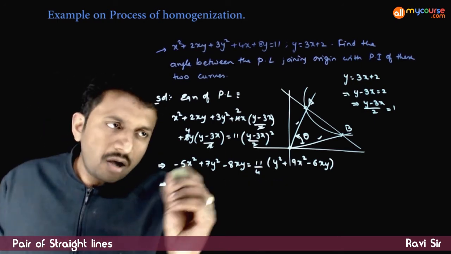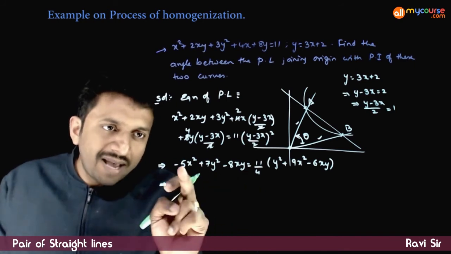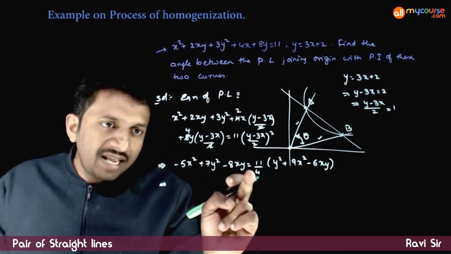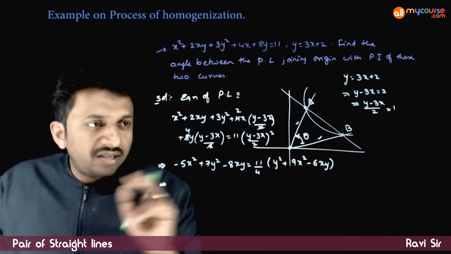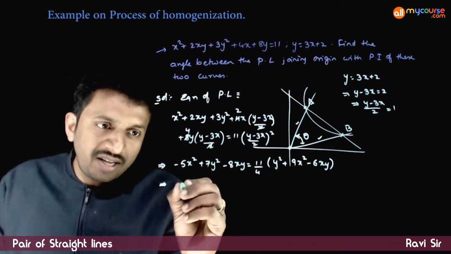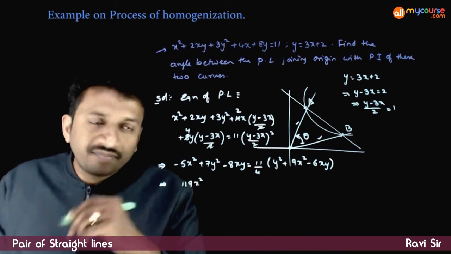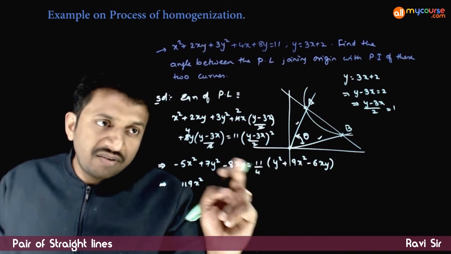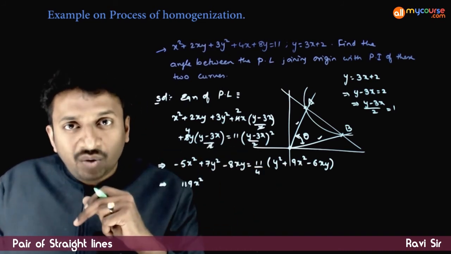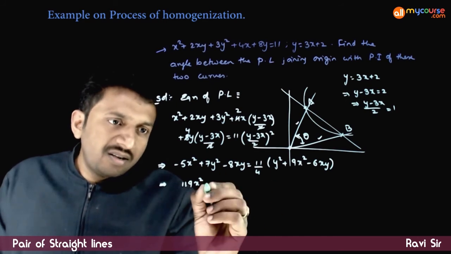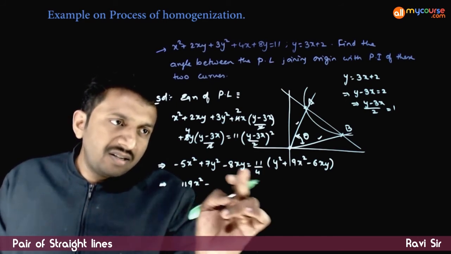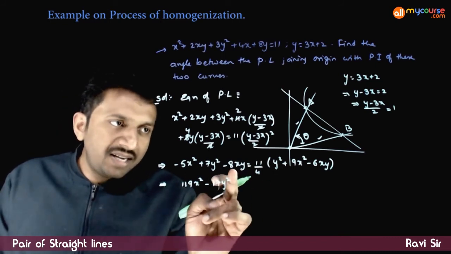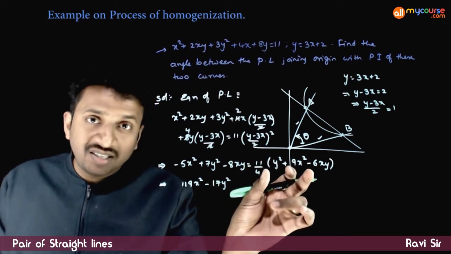So on cross multiplication, you have minus 20x square, 99x square here. So 99 plus 20 is 119x square. You have 28y square and 11y square, 11y square minus 28y square, it is minus 17y square, and minus 32xy, you have a minus 66xy here.